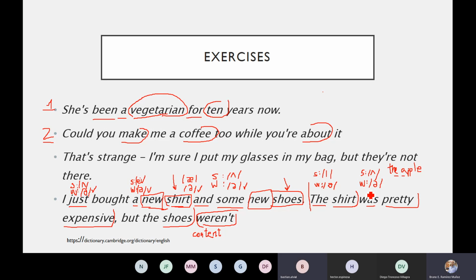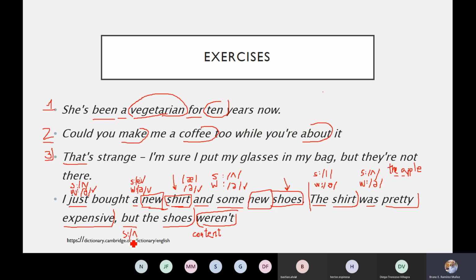And what do you think is the weak form of but? The weak form of that, like the one in exercise number 3? No, but the shoes weren't, of but. Oh, sorry. But the strong form is, as far as I know, a wedge, but.